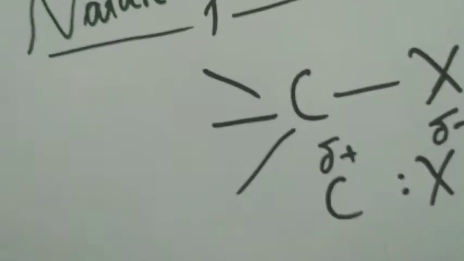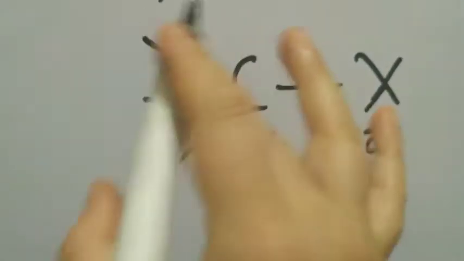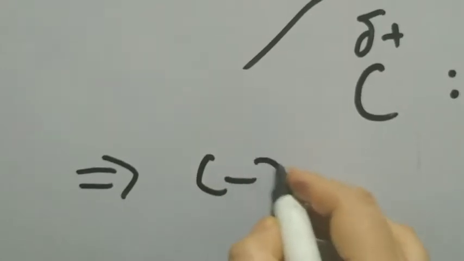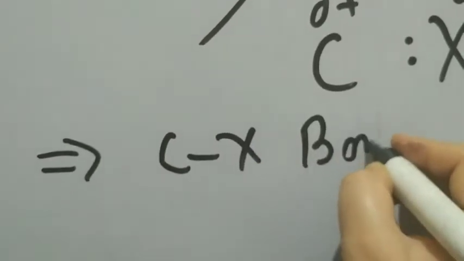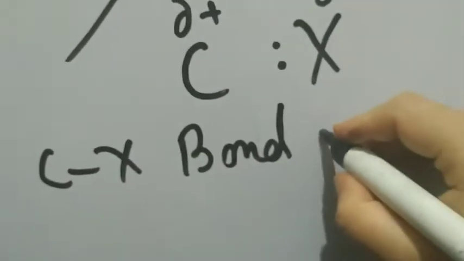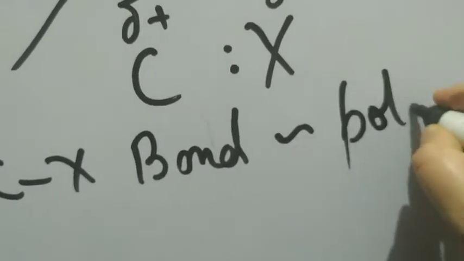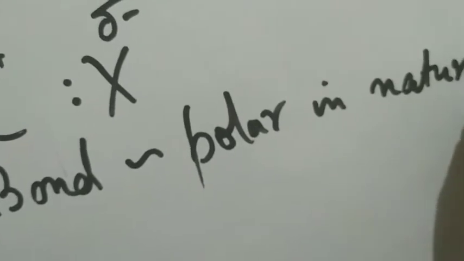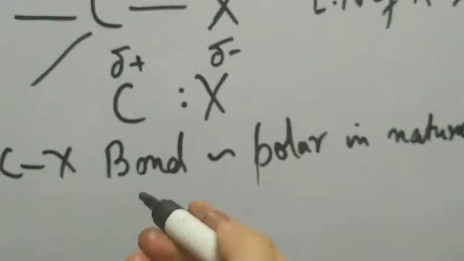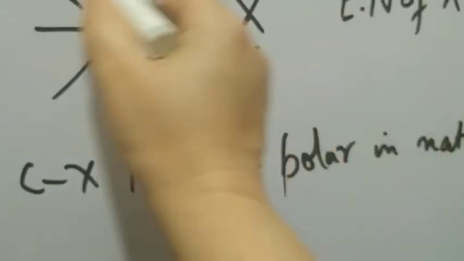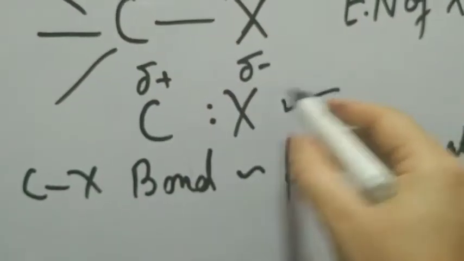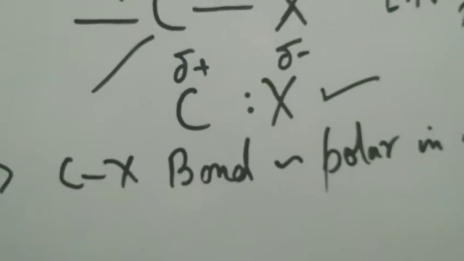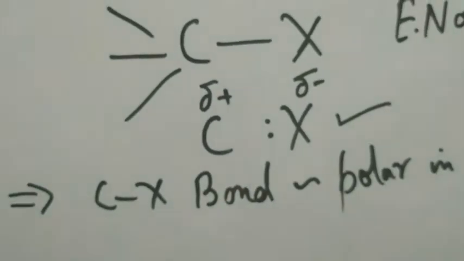So if we have to write down the description about the nature of this bond, we can say that this C-X bond between the carbon atom and the halogen atom is polar in nature, right? It is polar in nature. Since it is a polar bond, it's a polar molecule as a whole, it has a dipole. It has a positive pole and it has a negative pole, right?